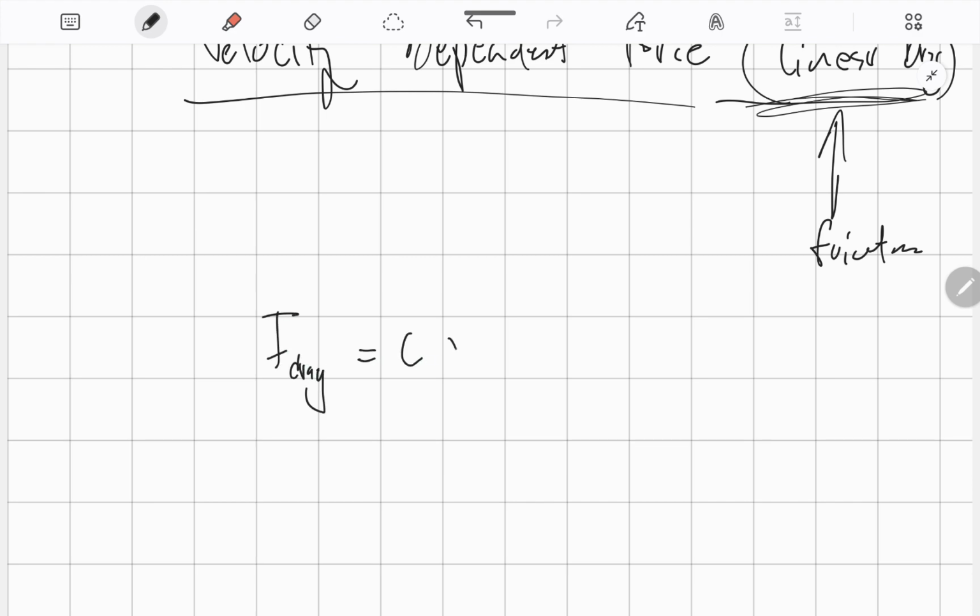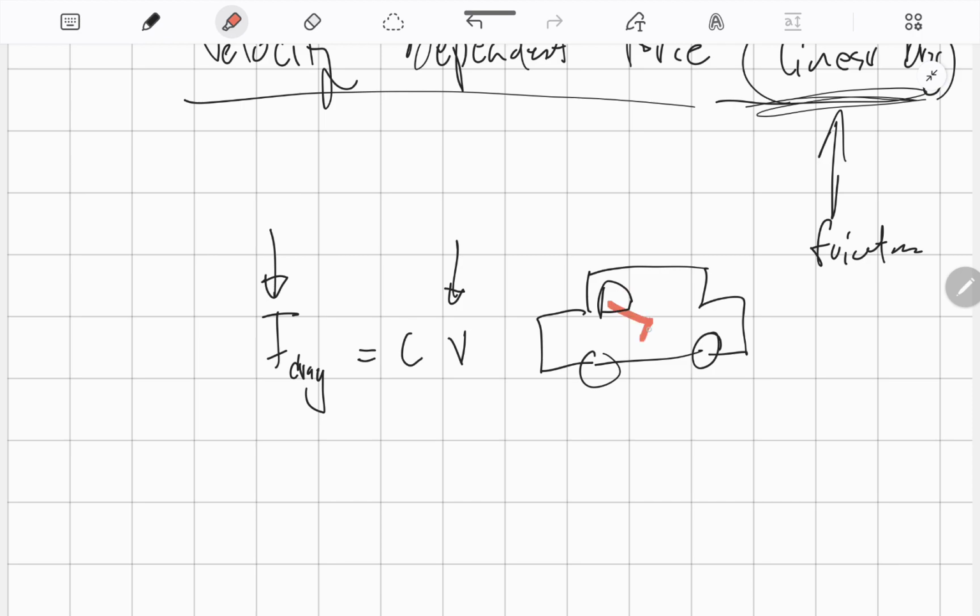Okay, so let's say the drag force is equal to some constant times velocity. So now whatever drag force we get is a function of velocity. Like if you've been in a car, you take your hand out, right? You can feel air rushing on you.